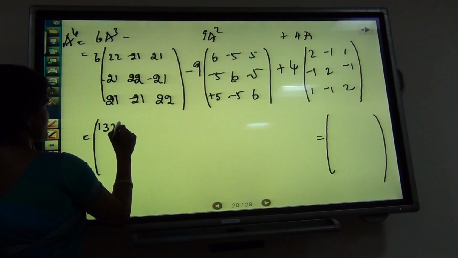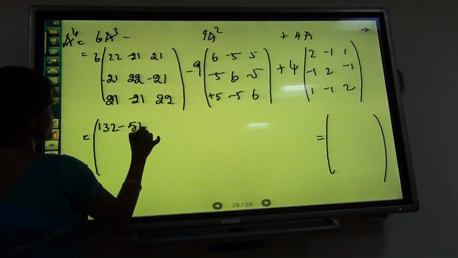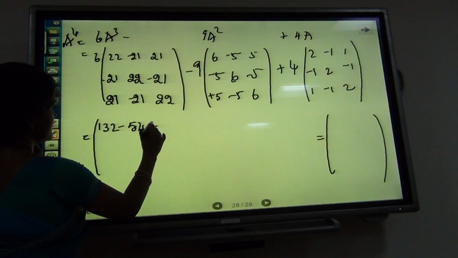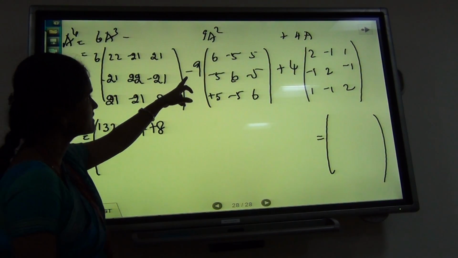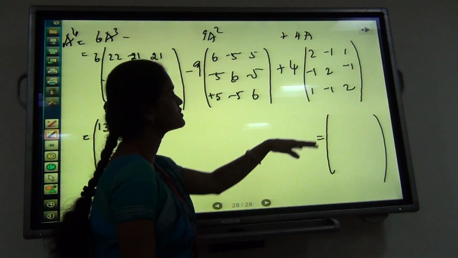Like this we have to solve. We are just going to subtract 9 into this part plus 4 into that part.